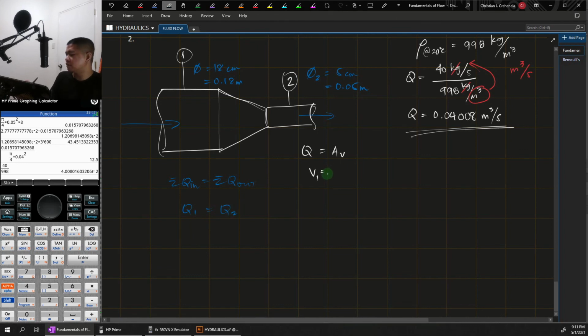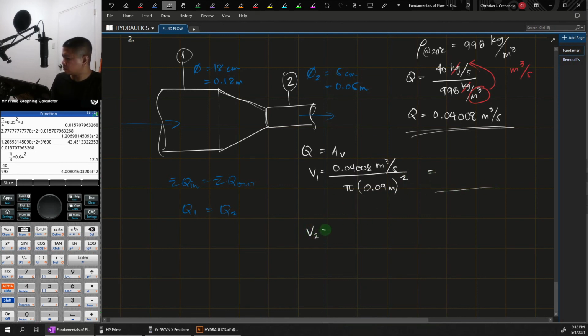Okay? So velocity 1 is Q sub 1, 0.04008 cubic meter per second divided by the cross-sectional area. So pwedeng in terms of diameter or pwede naman in terms of radius. So ang radius natin is 0.09 meter. Okay? Then squared. Then velocity 1 is equal to, so solve natin mamaya.